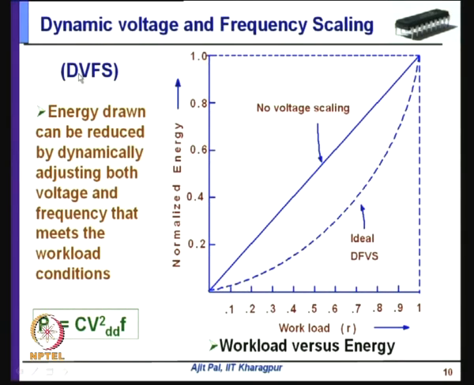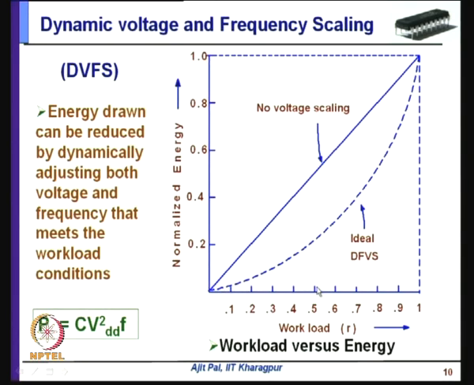Then another voltage scaling technique is dynamic voltage and frequency scaling. As I have already told, as the workload changes, normally if we do not do voltage scaling, only the frequency changes, then linearly the energy reduces.